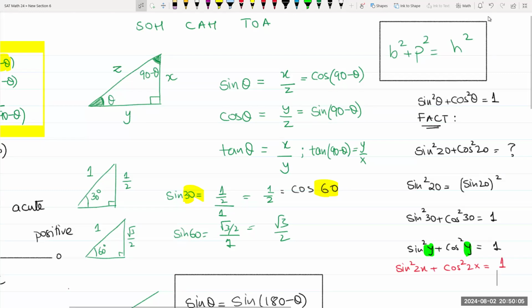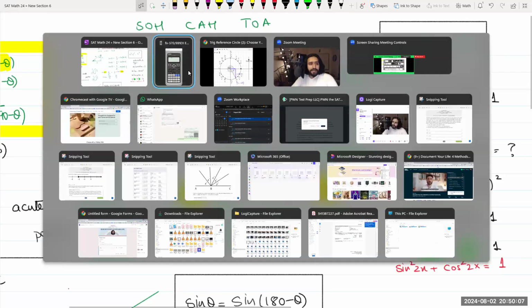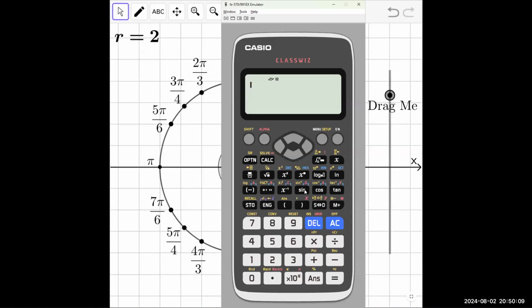It's a fact. Now, let's go back to the calculator. In our calculator, let's plug in sine 30 and put a square on top. And then write plus cos, and let's put bracket first, cos 30, and then square that, pressed it, 1.